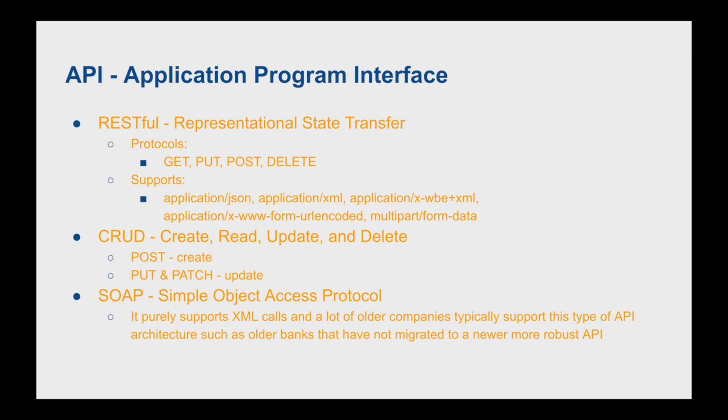The most commonly used are RESTful, CRUD, and SOAP. RESTful stands for Representational State Transfer. The most common protocols that are used with a RESTful type of request are GET, PUT, POST, and DELETE.